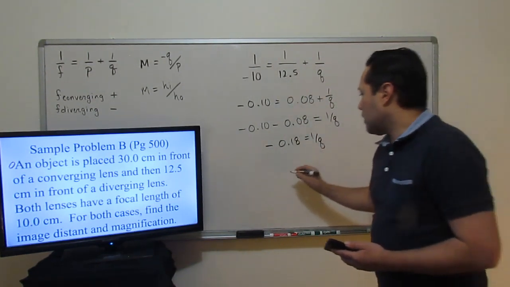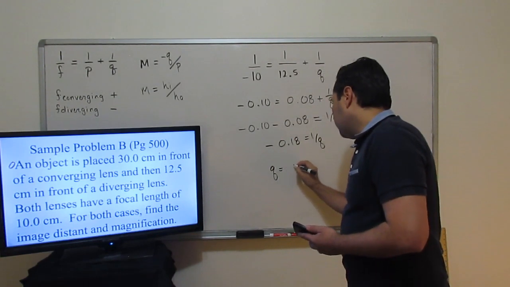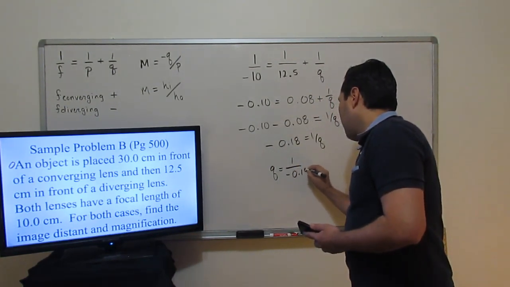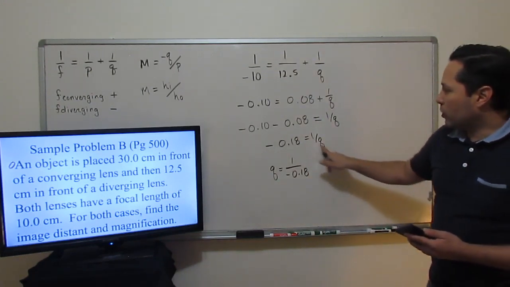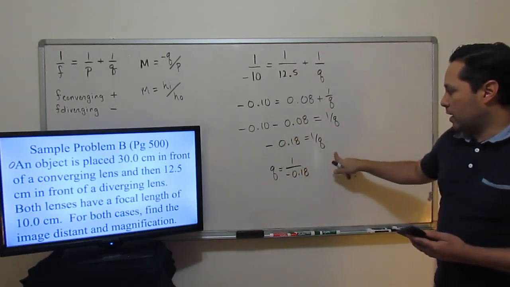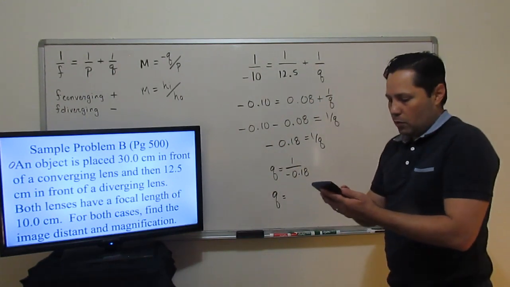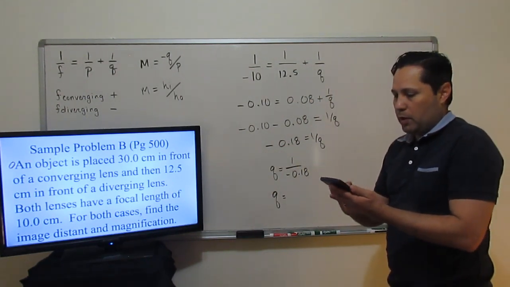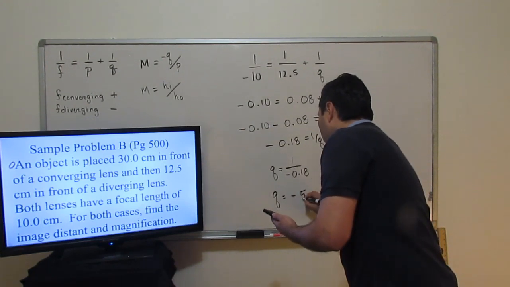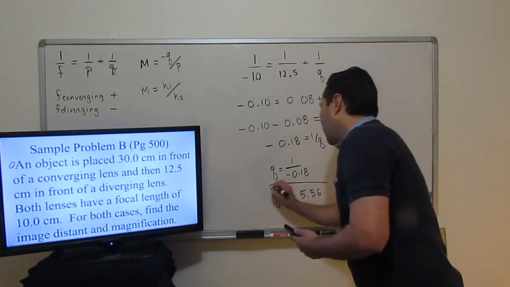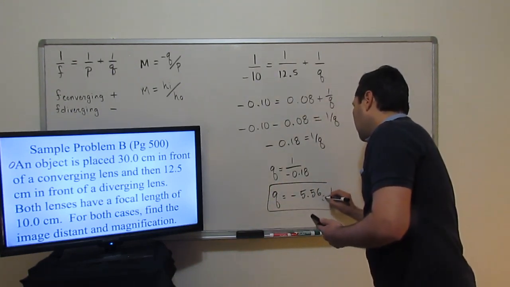I'm going to move this around slightly. So move the Q there and the negative 0.18 there. So it gives me this. And finally that is 1 divided by negative 0.18. It will give me a negative 5.56. Alright, so that is my answer.